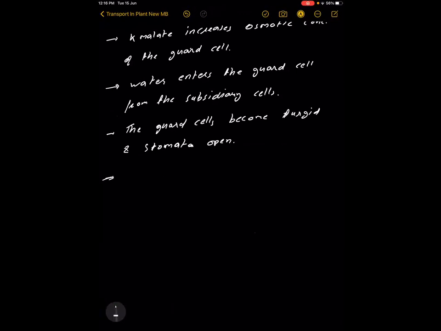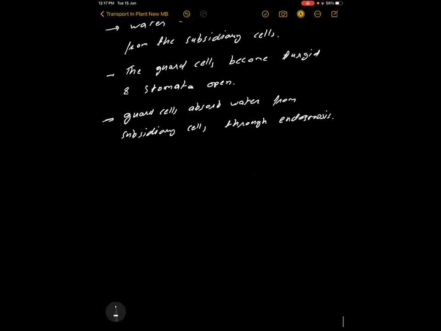The guard cells become turgid because endosmosis occurs. Guard cells absorb water from subsidiary cells because of endosmosis.